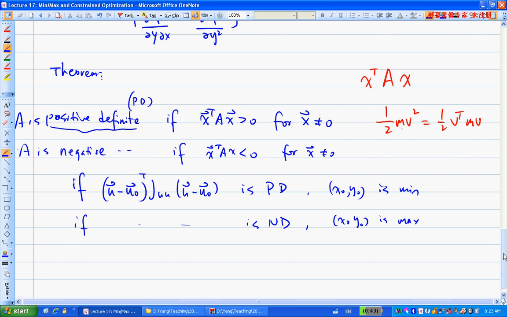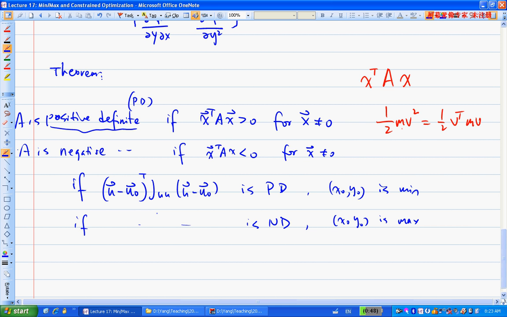In the lecture notes, I have given you a different version of this theorem, but it's basically similar ideas. So the bottom line is, when you have a function, maybe it's a single variable, a function of 2 variables, or maybe a function of 3 or 4 or even more variables, it's always the same thing.